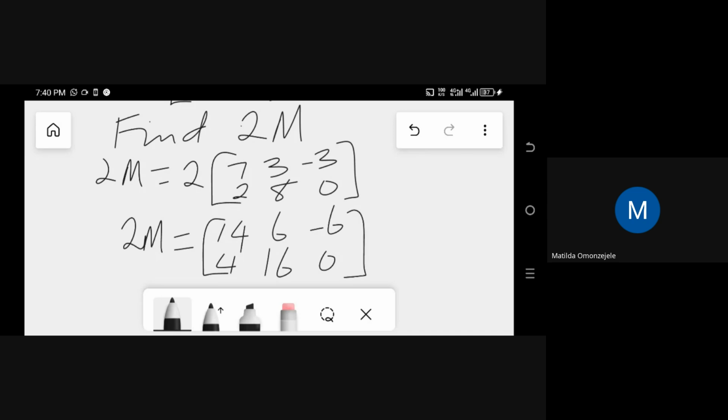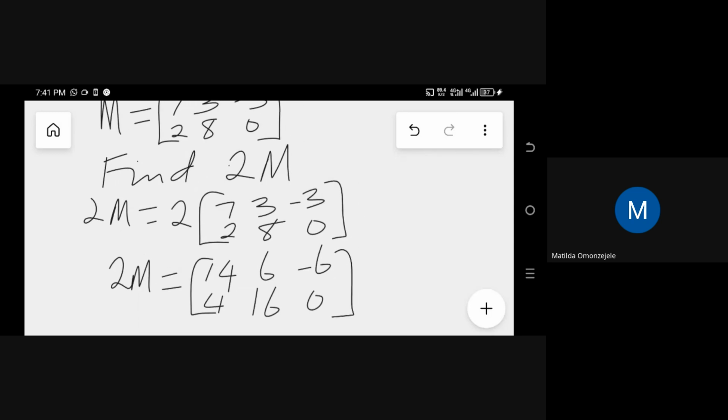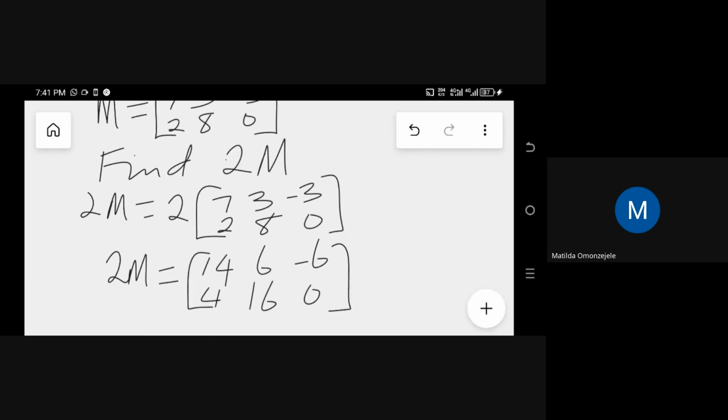So this is the scalar multiplication 2M. Simply you are just using the scalar 2 to multiply each term in the matrix.